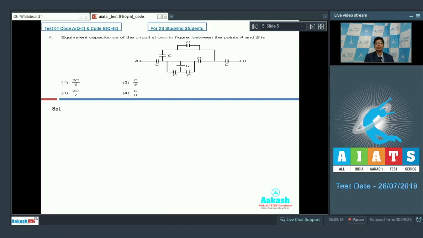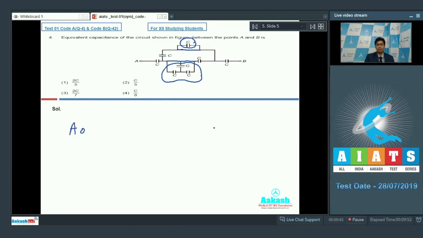Now dear students, if we analyze this circuit, we can see that these 3 capacitors in totality are short circuited because they lie across the same conducting wire. Similarly, this capacitor is also short circuited because this also lies across the same conducting wire.